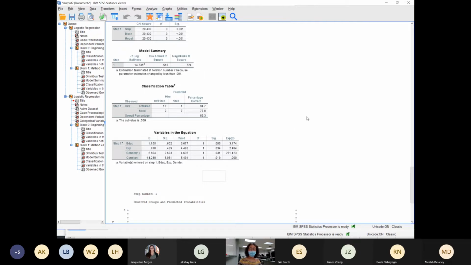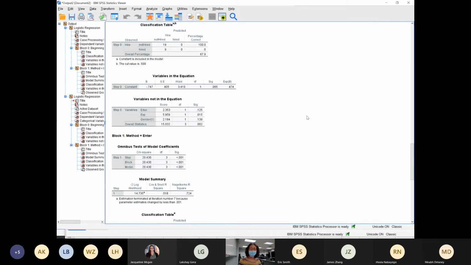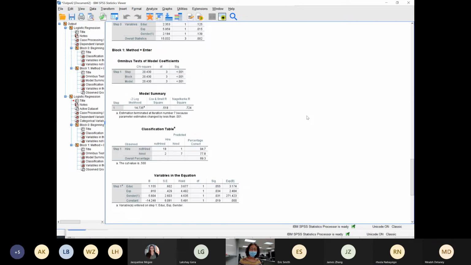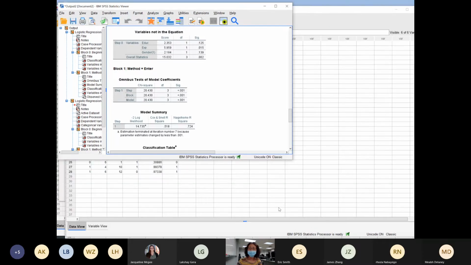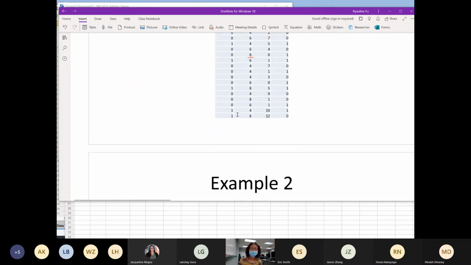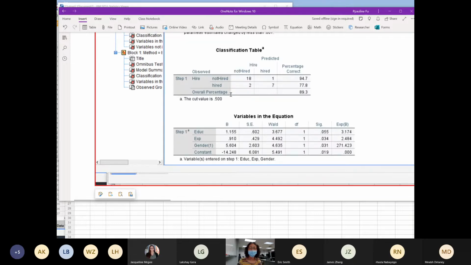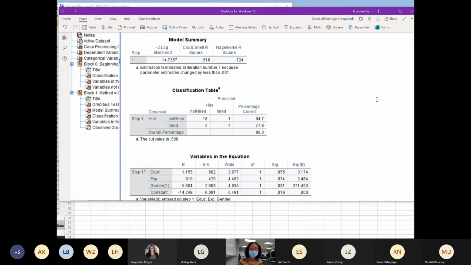But before I delete, I want to copy this. This is my initial analysis. Copy maybe this up to here, into OneNote. From here, the model overall is significant.